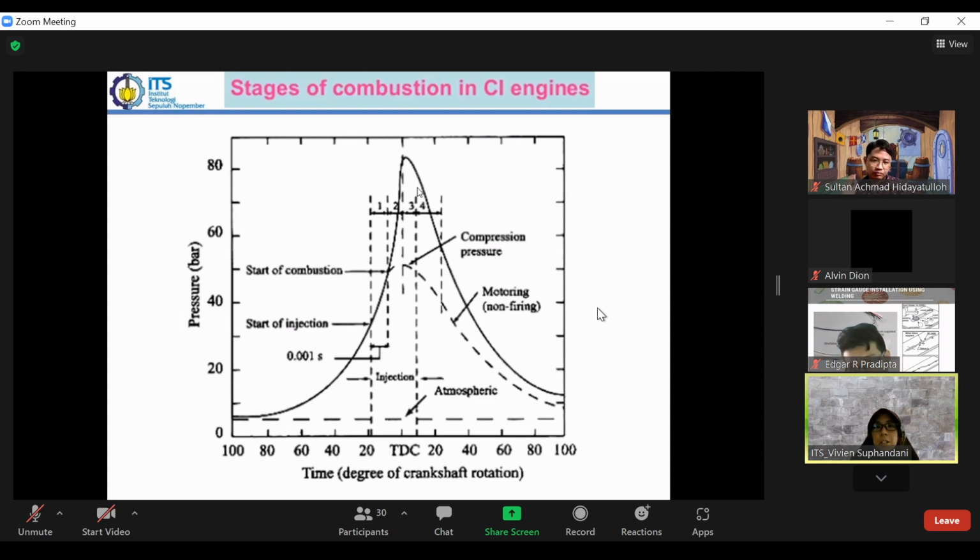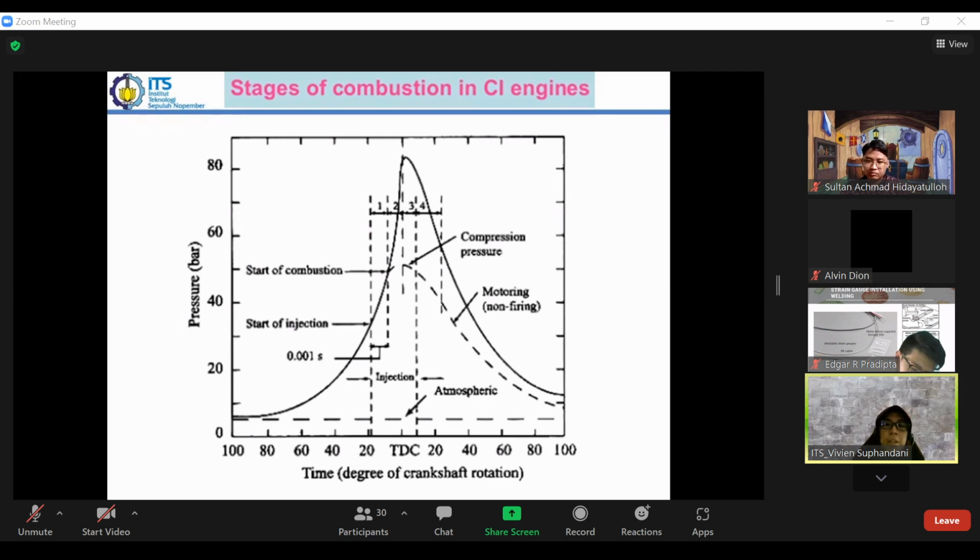And then 3 here is the phase in which we can control this by adjusting the fuel that is injected to the cylinder. And afterward from 3 to 4 here it drops again. So this is already the power stroke, the phase of the late burning of the rest of the fuel. So these are the stages in a CI engine.